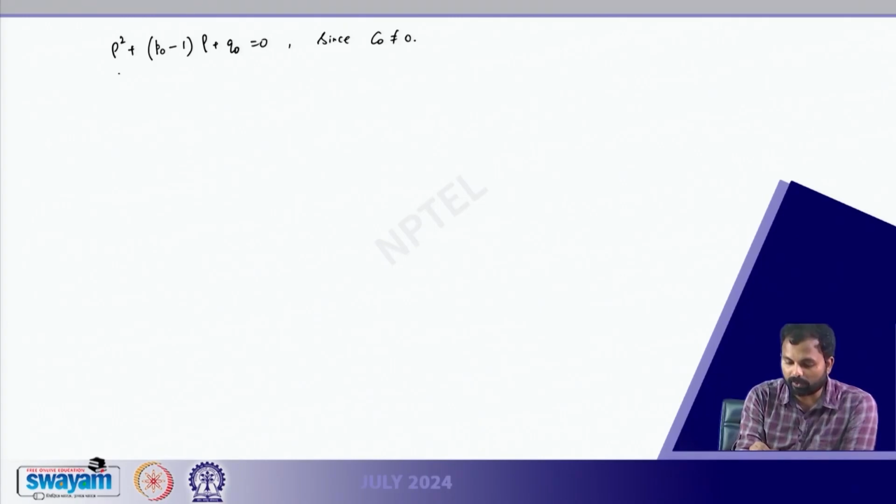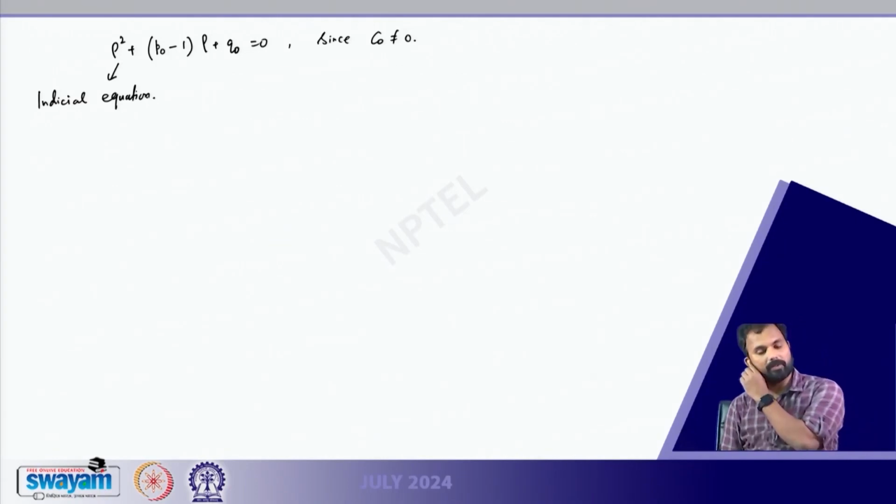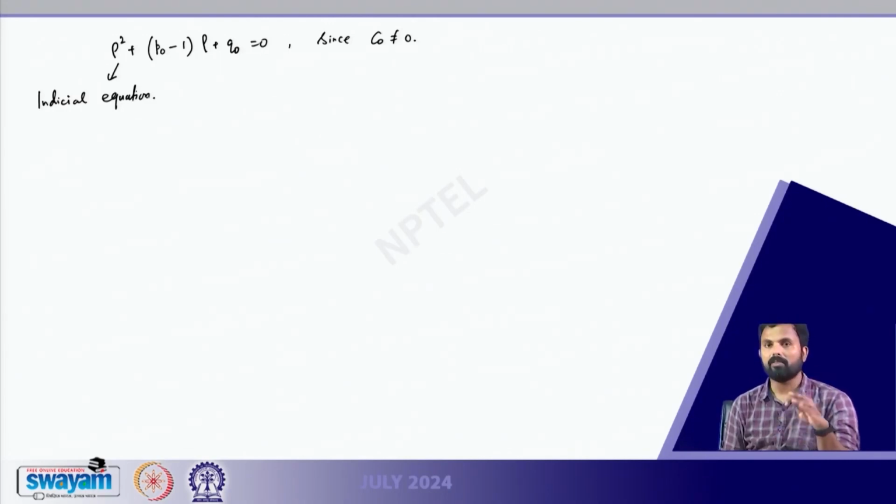Now this particular equation is called the indicial equation, right. In that previous example where I wrote the indicial equation, this is that indicial equation that we are talking about. Now from here, this is a quadratic equation, so we will end up getting 2 solutions, right.